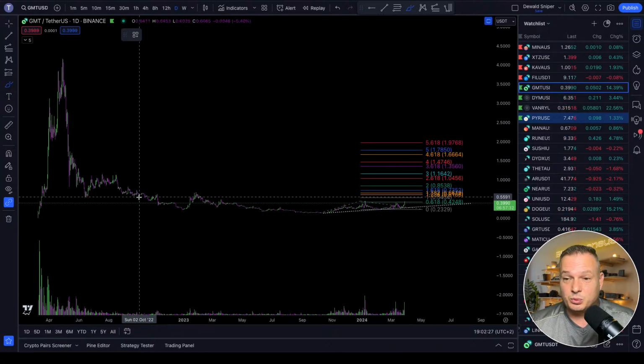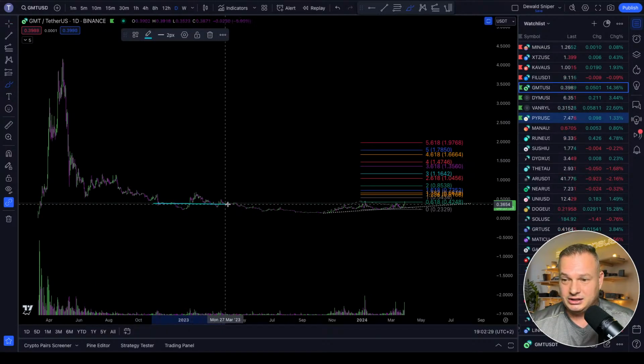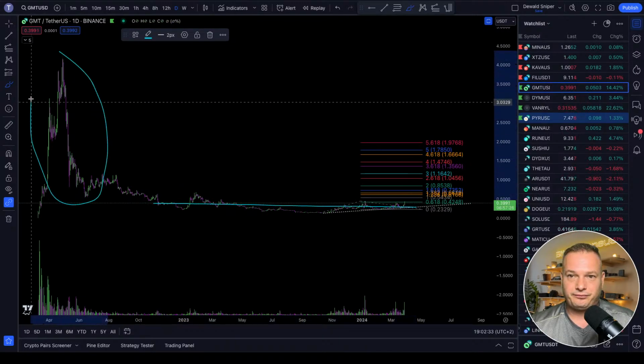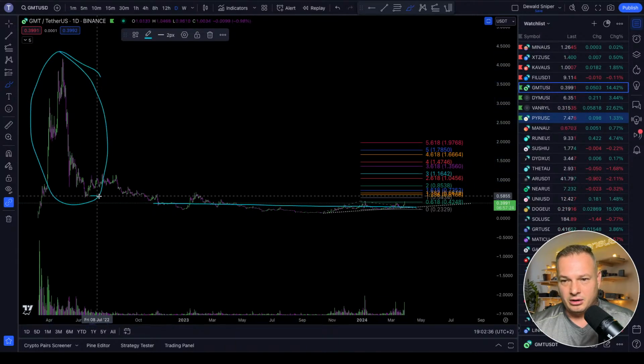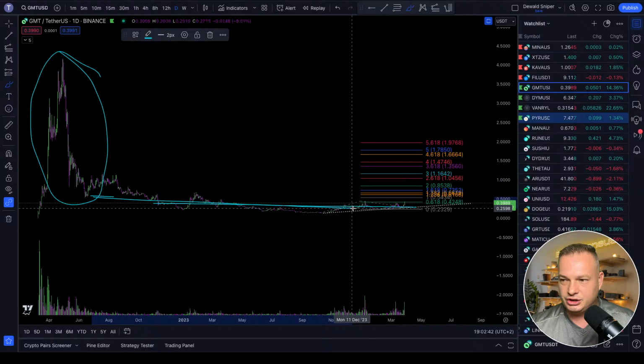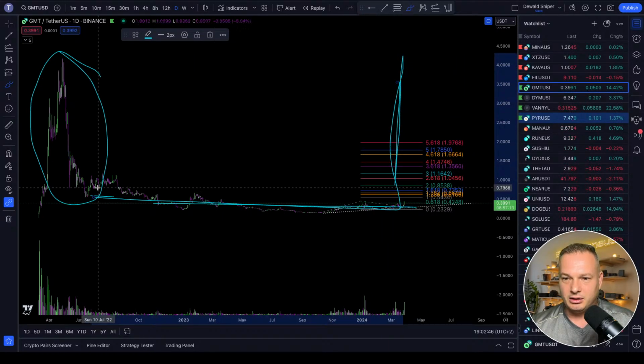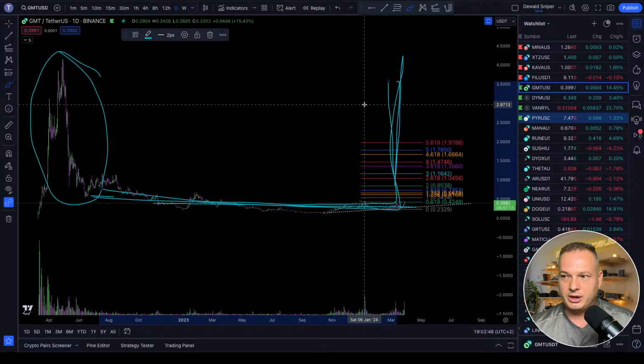Personally, this is why I like this coin: this just looks like a straight line compared to this. There's a saying in trading that the longer the consolidation, the more aggressive the breakout.